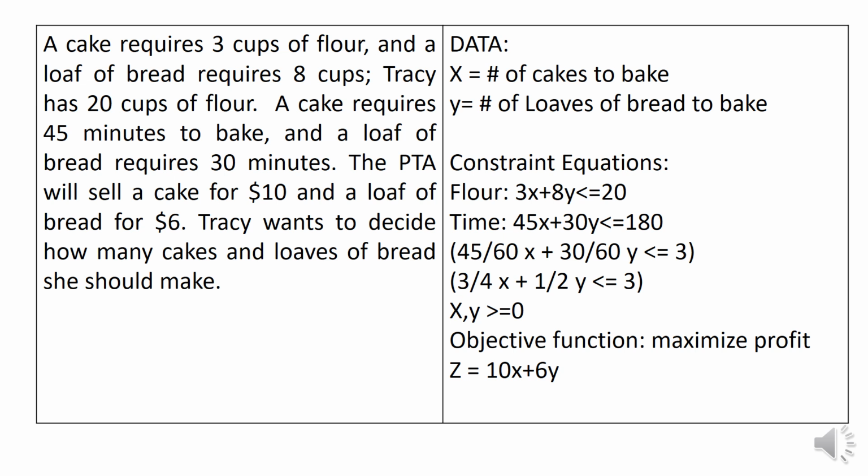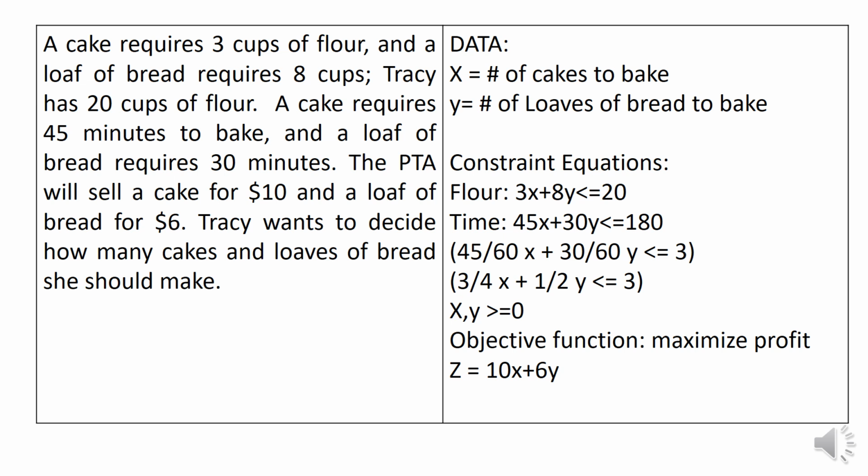Now let's move ahead. The PTA will sell a cake. Sorry, a cake requires 45 minutes to bake and a loaf of bread requires 30 minutes. So you see 45 minutes for cake and 30 minutes for loaf of bread. Total time was given as a maximum of 3 hours. I have written 180 minutes, but I prefer you to use 3 over here.